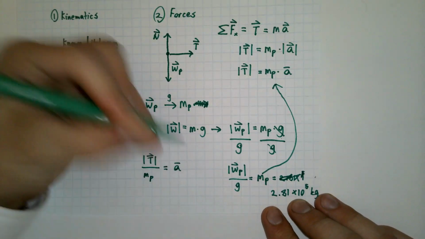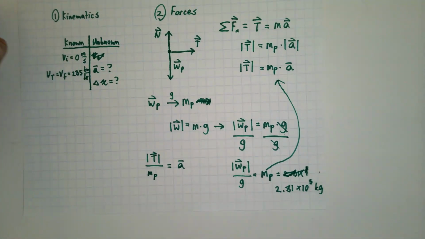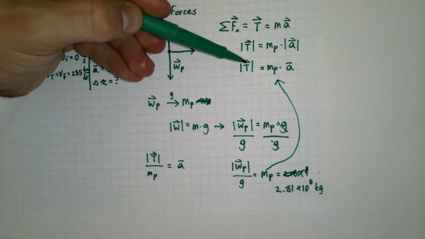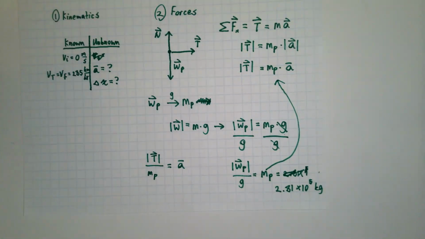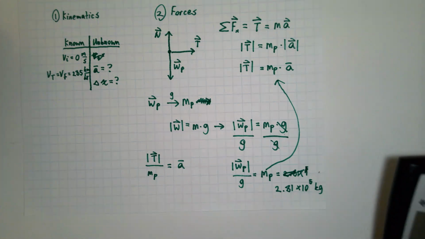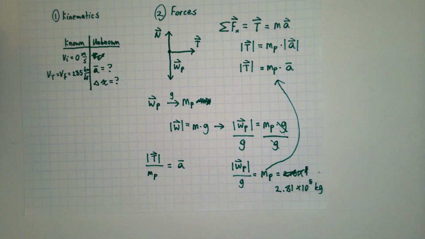That gives us the acceleration that the aircraft must undergo. All I did was rearrange this equation so that we just have acceleration by itself. We know the thrust acting on the plane due to the jet engines. That's 6.35 times 10 to the 6th. We just solved for the mass of the plane as 2.81 times 10 to the 5th kilograms.